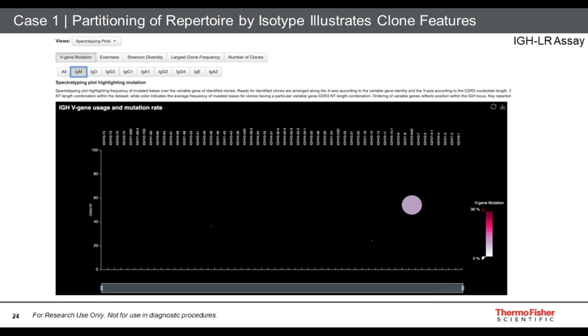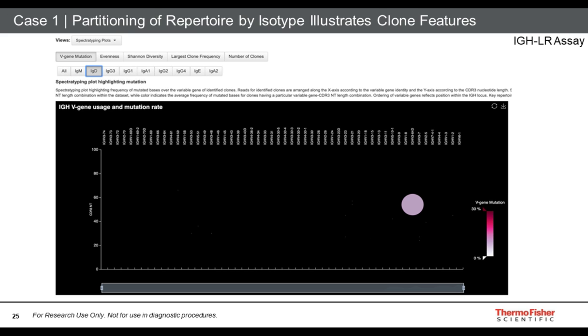And in doing so, I again see this dominating circle corresponding to the malignant clone, which suggests that the clone expresses IgM. Now I'm going to click on IgD. And here you see it again. So this CLL clone must express IgM and IgD, potentially as the product of alternative splicing.